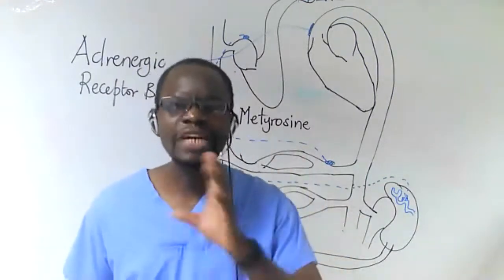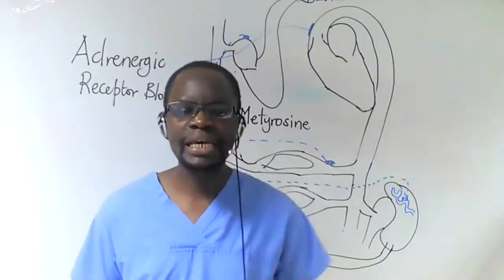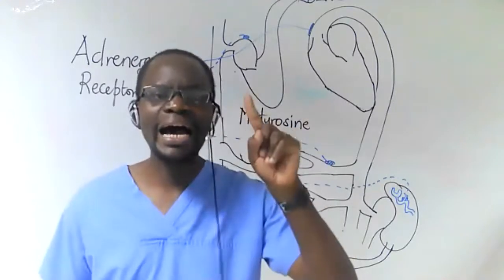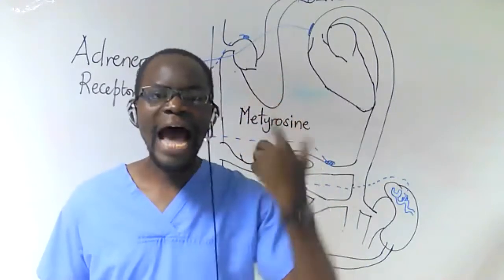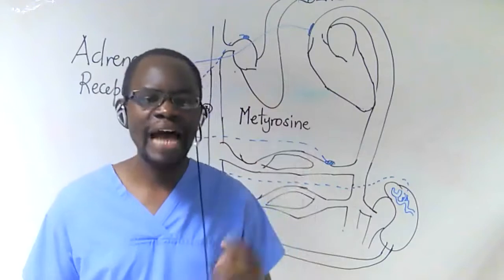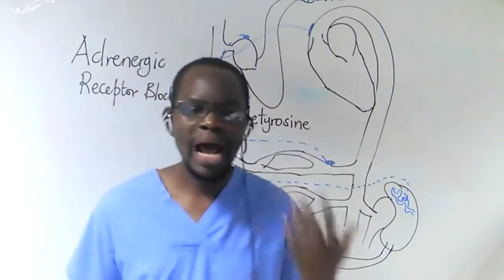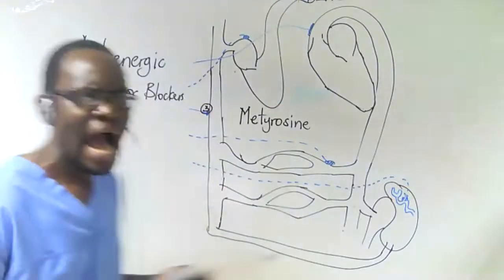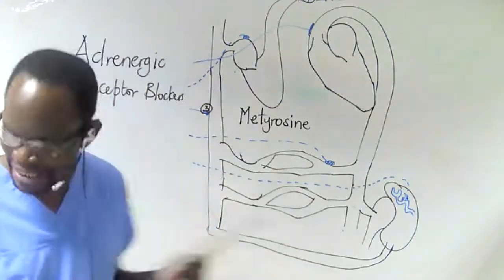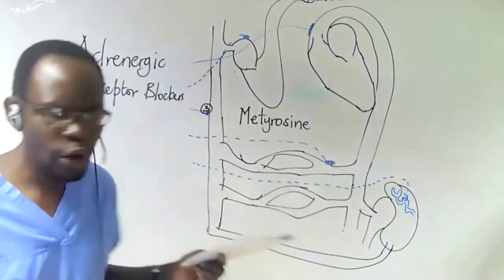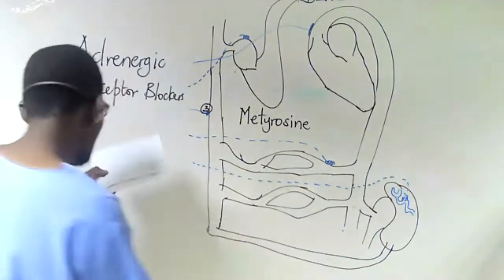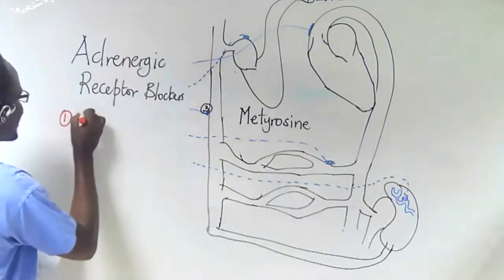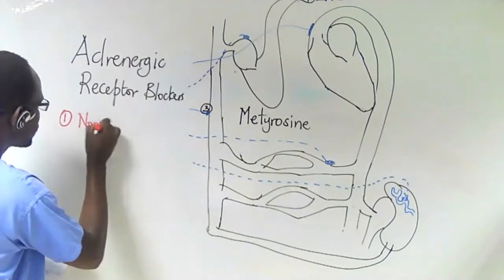Our main interest in this topic, we shall concentrate on the beta 1 and the alphas, especially the alpha 1 receptor blockers. But among the alpha adrenergic receptor blockers, we have those that are non-selective.